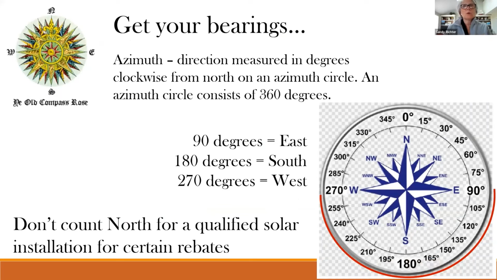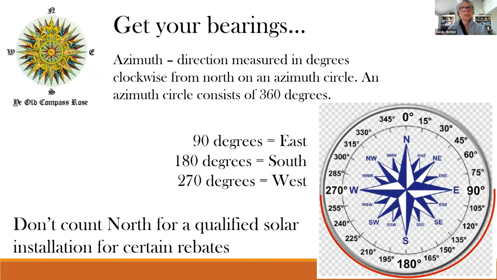If you know what a compass rose is and you know what's due north, right? Exact north is 0 degrees, 90 degrees is exact east, 180 is exact south, 270 is exact west, and everything after that up to 0 is northerly. Okay, so bottom line, 90 degrees due east to 270 degrees due west, facing south.